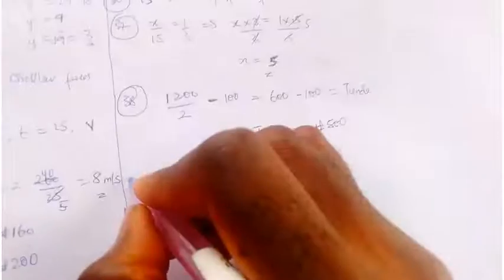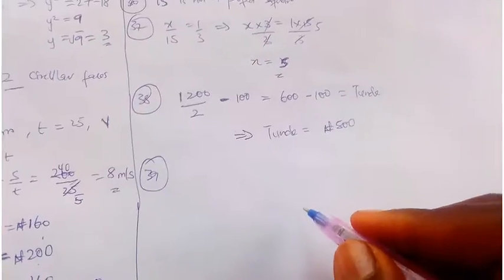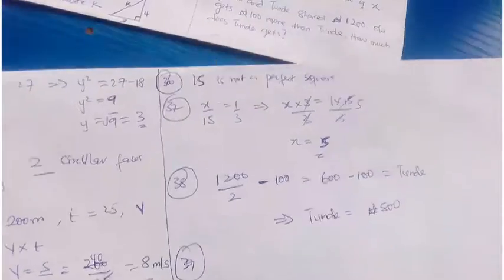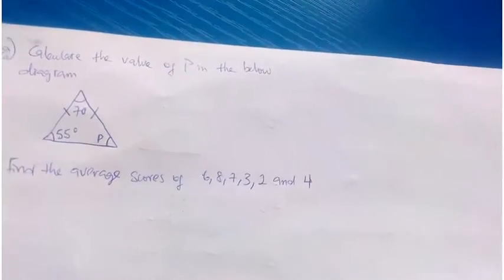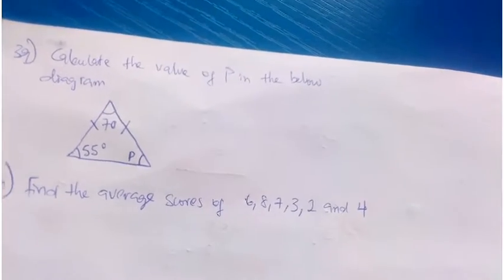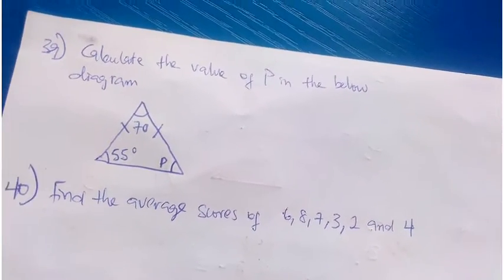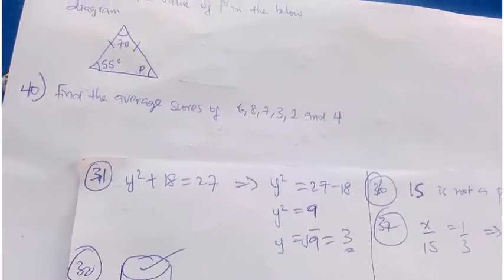Number 39 question says, calculate the value of P in the below diagram. 70, 55, 55. P is automatically 55.